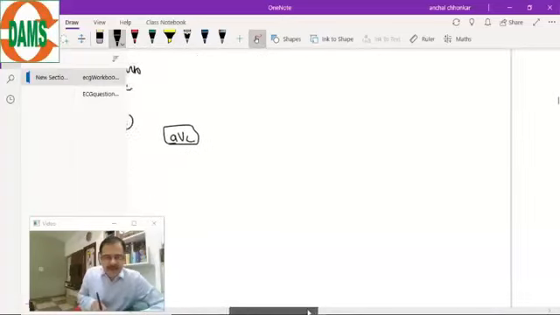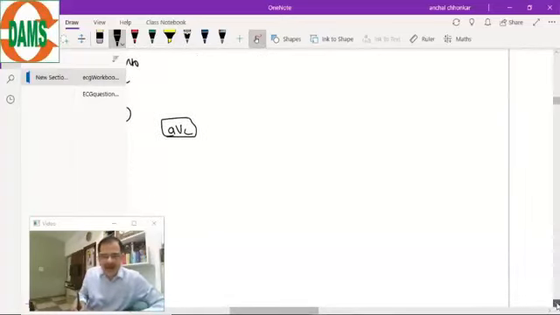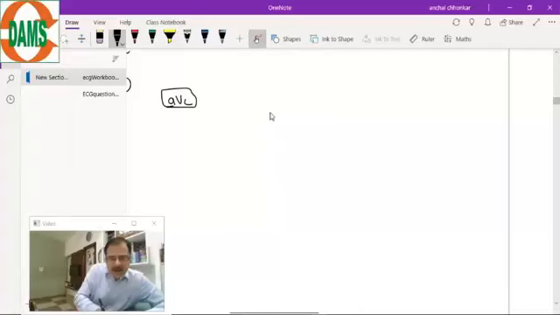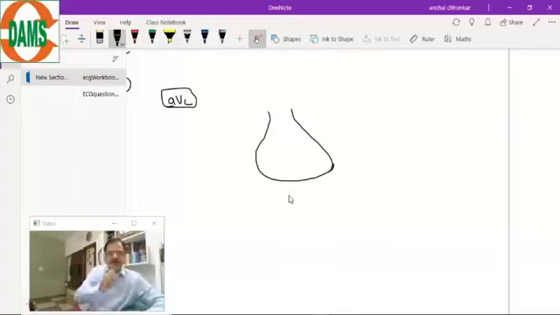First I will make the diagram of the vertical plane of the heart. This is the vertical plane of the heart, AVL.